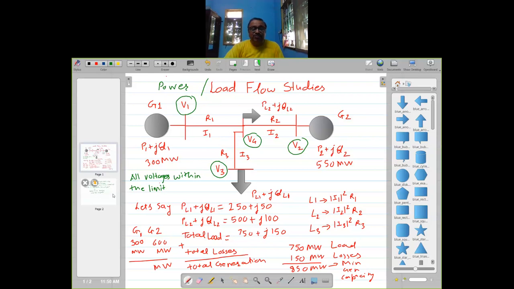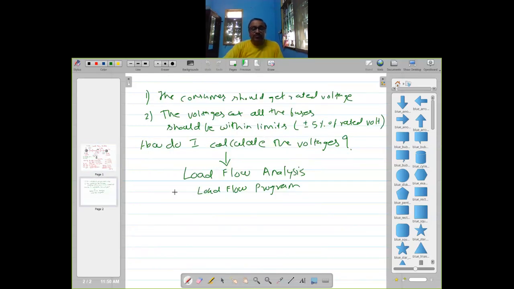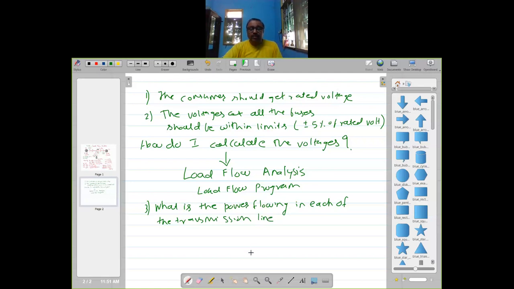So the next thing that we should know, the third thing, is what is the power flowing in each of the transmission lines?